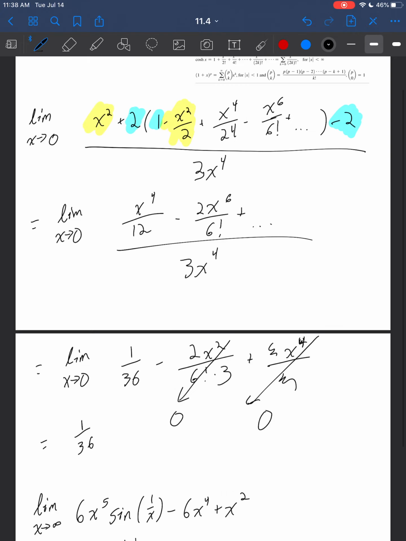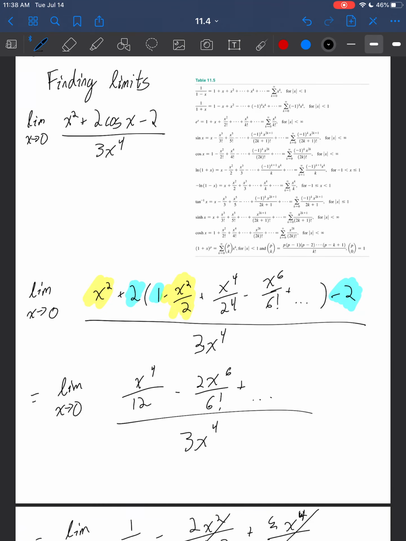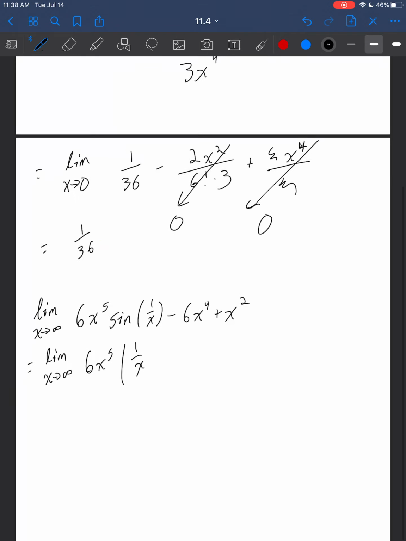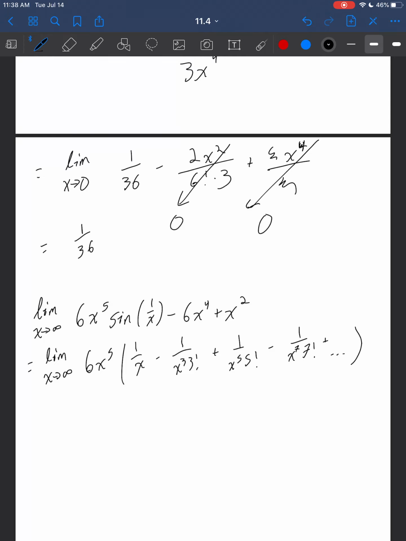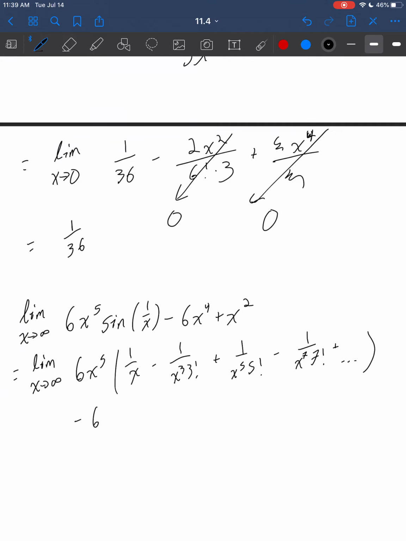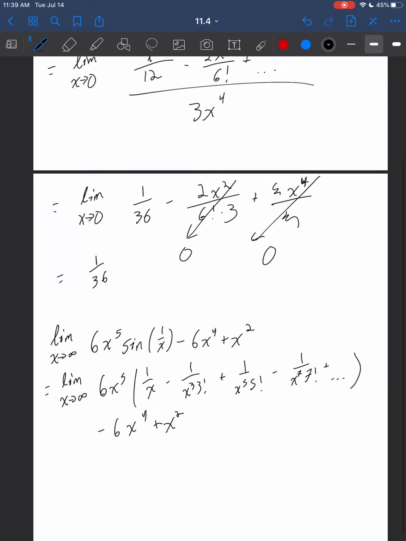So we have a 1 over x, and then we have a minus. Now instead of x cubed, we have an x to the negative 3 over 3 factorial. So minus 1 over x cubed 3 factorial plus 1 over x to the fifth 5 factorial minus 1 over x to the seventh 7 factorial, and so on and so forth. And we still have this minus 6x to the fourth plus x squared.